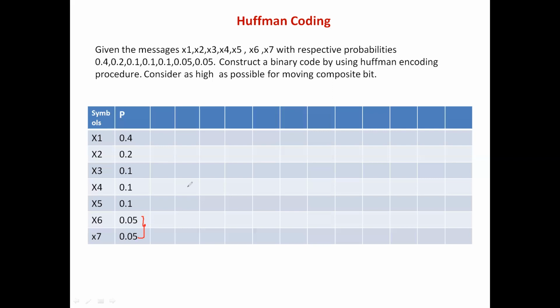So I have several options for placing this value. Always the probability should be in decreasing order. I cannot place it there because it is lesser than 0.4 and 0.2.